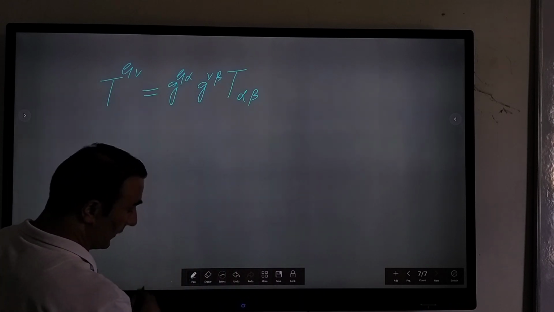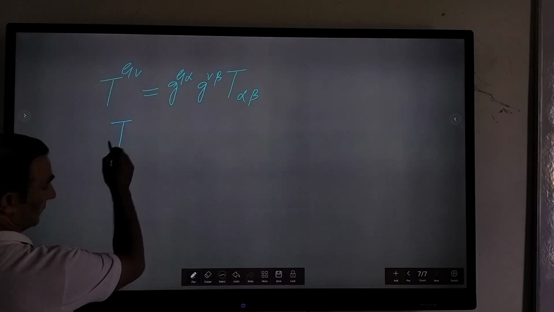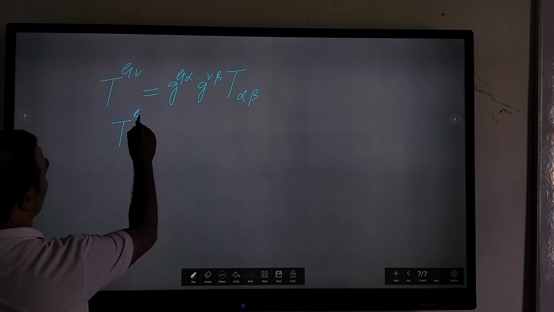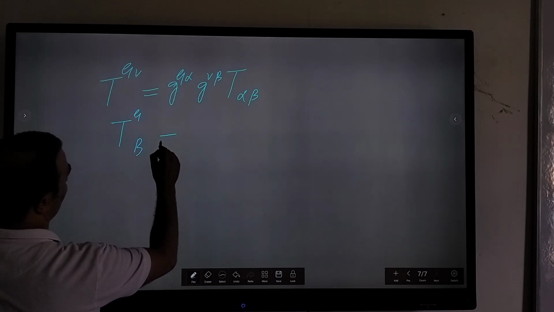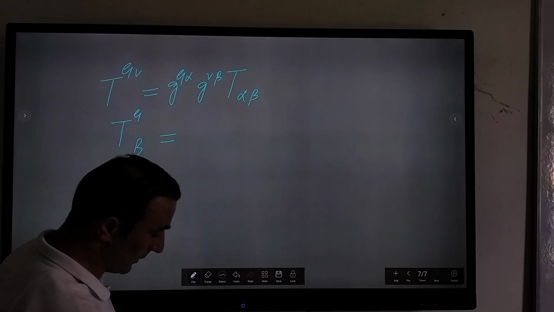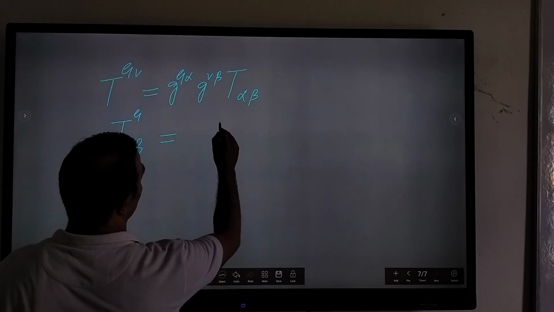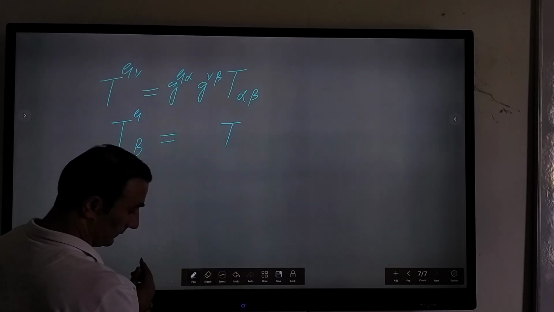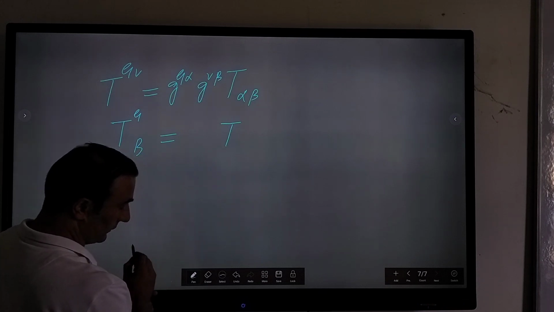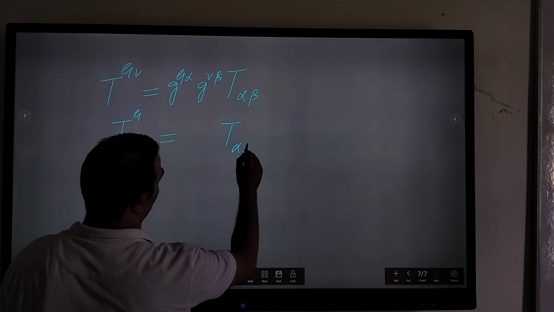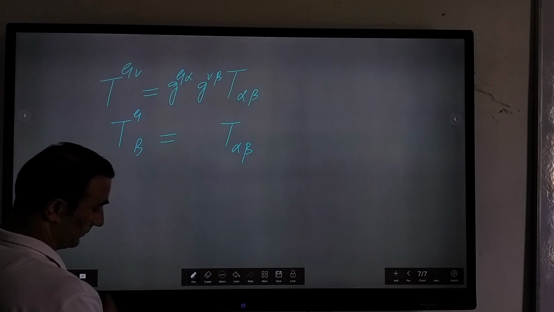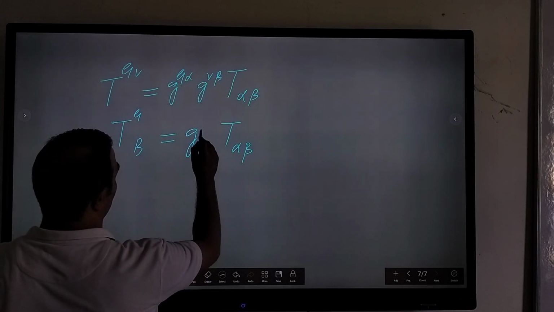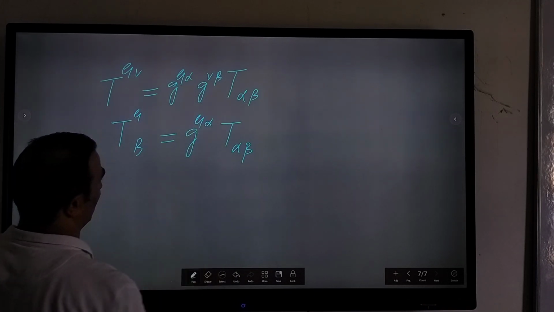Suppose if I write now T of some mu beta, so we can also write it in terms of the G matrices, right? So this I can write as T of alpha beta, right?